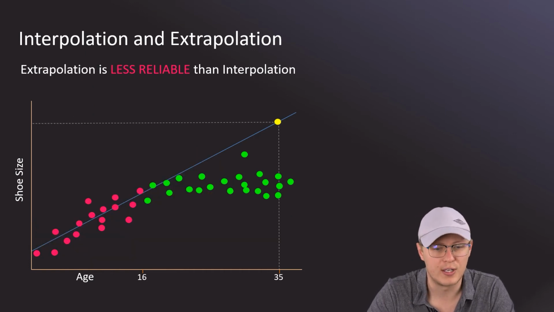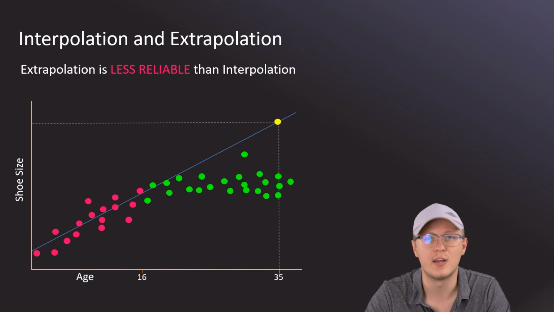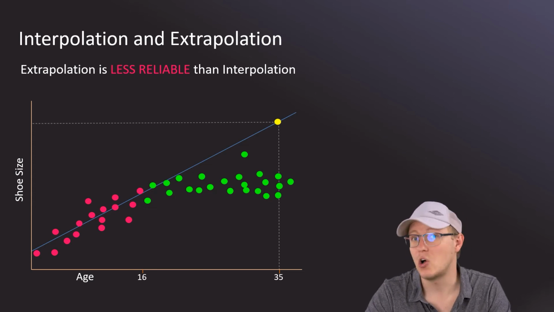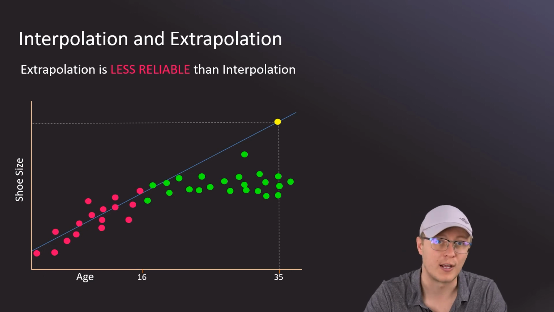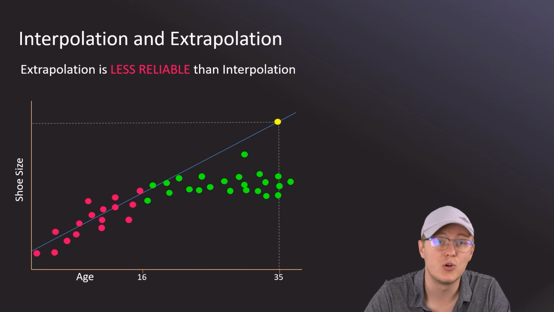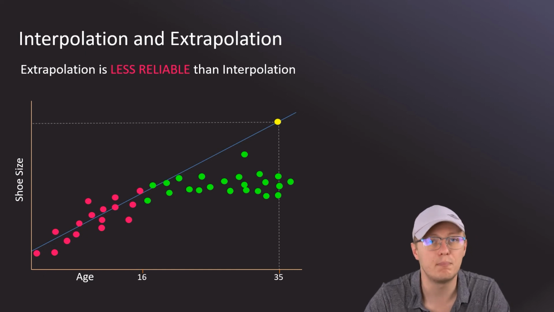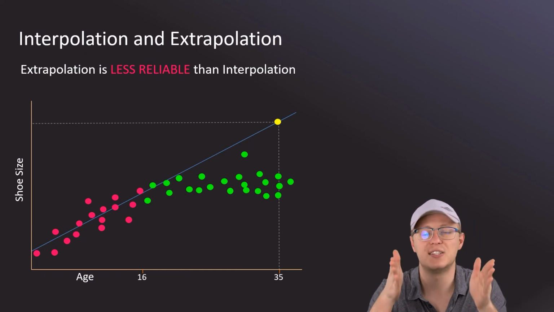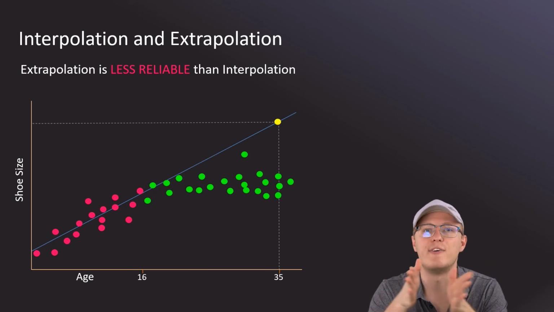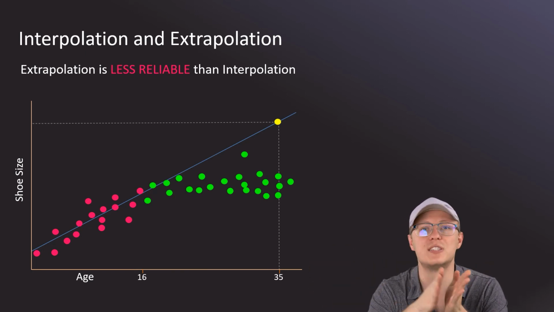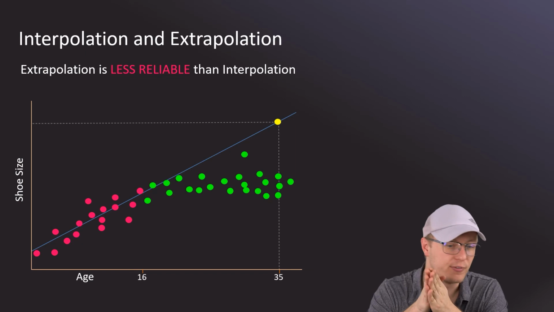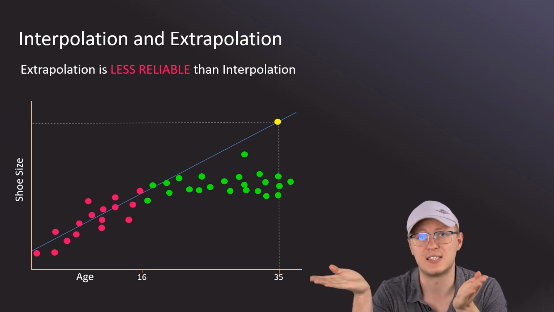So what went wrong here? Well, as you grow up, you get older, and then your feet get bigger as well. But at some point, you get older, but you stop growing, and then your feet remain the same size. So even though we had this linear positive relationship for a certain age range, that relationship did not continue for the data beyond 16.